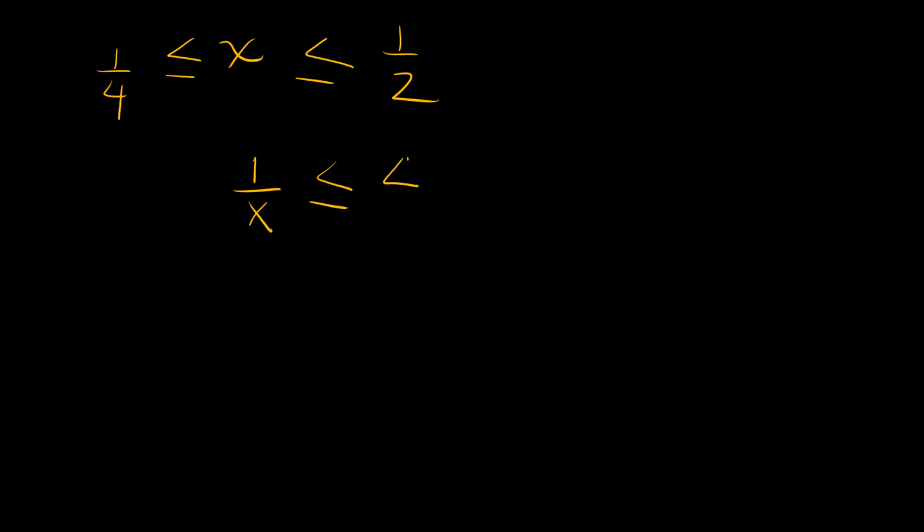So we definitely have x greater or equal than a quarter. This is the interval for which we need to solve this problem. That means now the inverse, right? If we get the reciprocal, 1 over x is less or equal than 4, and greater or equal than 2.